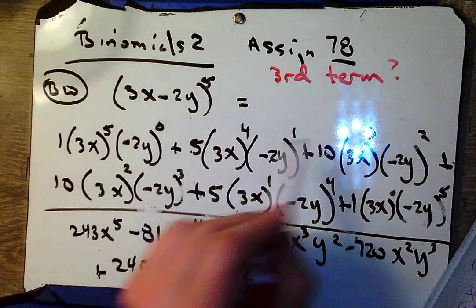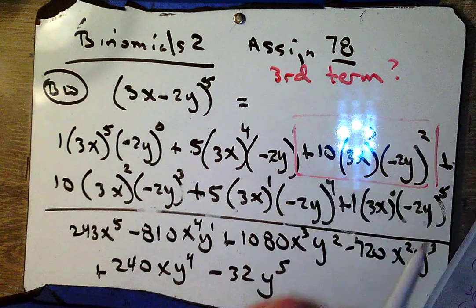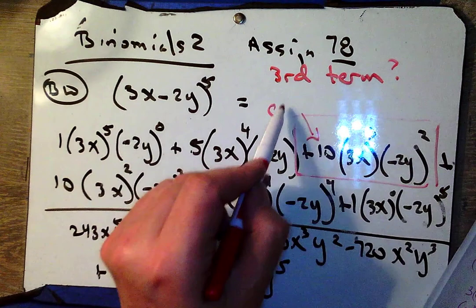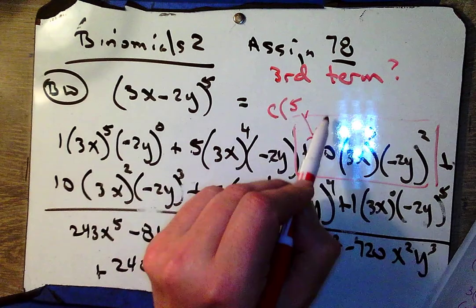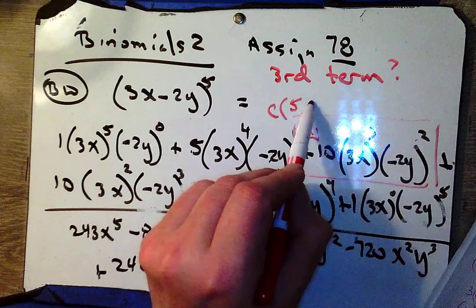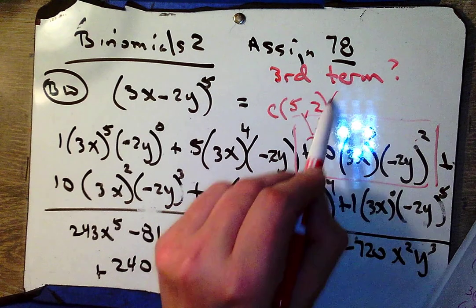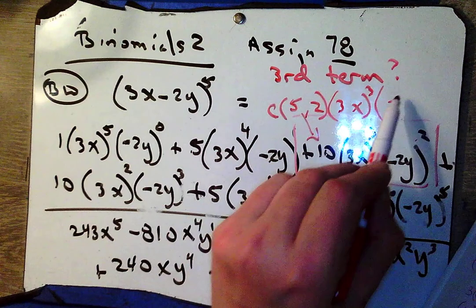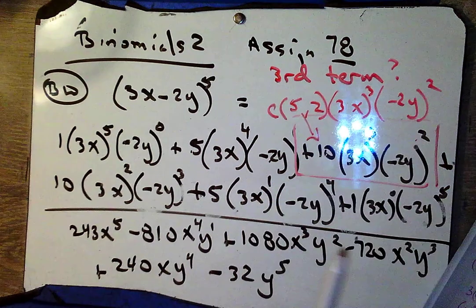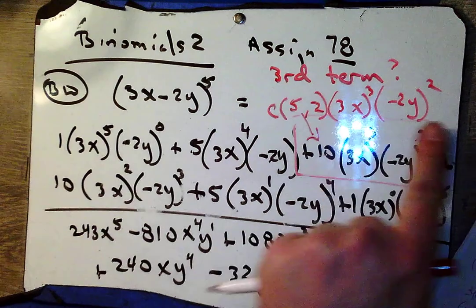So the third term is this one. This was a combination of 5 choose 2 times 3x to the third times minus 2y to the second. Okay, so this is my third term.